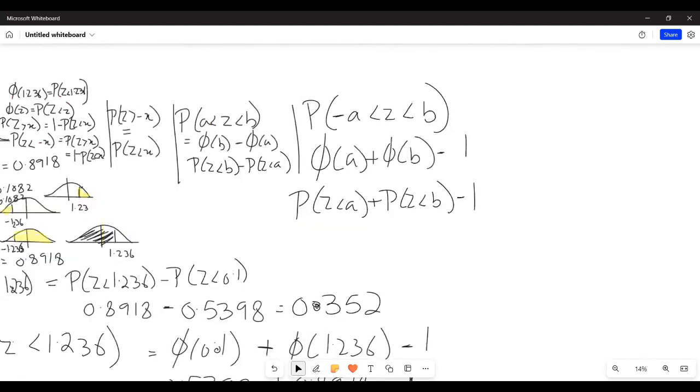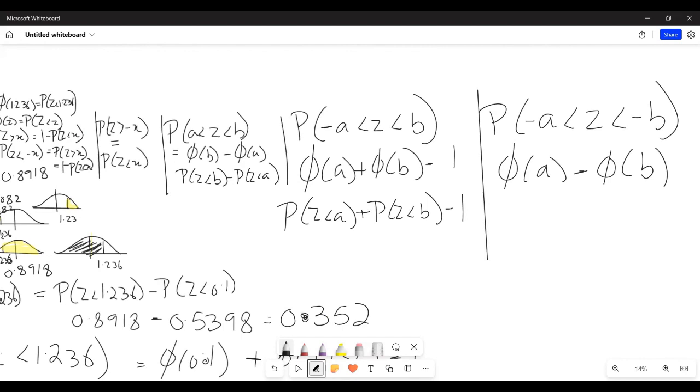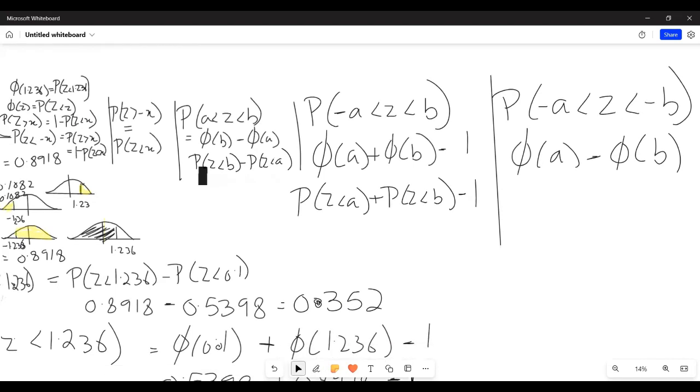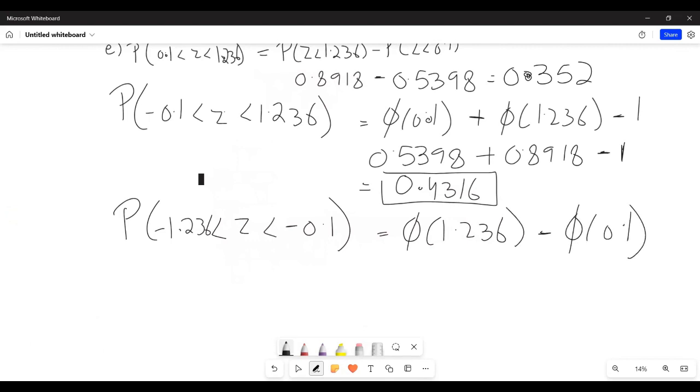The general rule is, let's see, minus A less than Z less than minus B. So what you do, you just do phi A minus phi B, which is exactly what you're saying. You swap the places, change the negative sign, and then you do phi A minus phi B. Same thing. So that means this is going to be phi 1.236 minus phi 0.1.